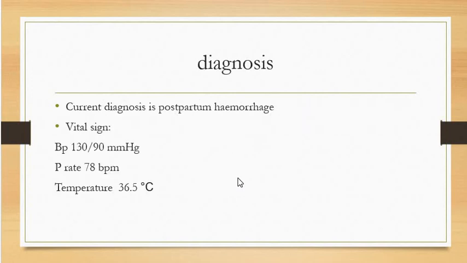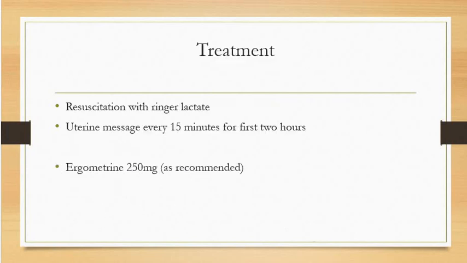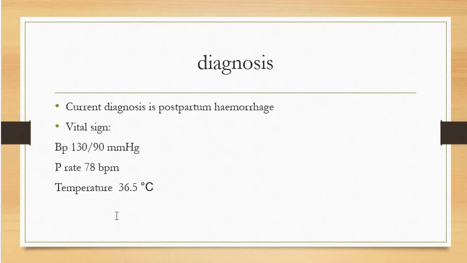So what is the diagnosis? The current diagnosis is postpartum hemorrhage. If we see the vital signs, her BP was 130 by 90, so it's okay. Pulse rate is 78, that is also okay. Temperature is okay. Treatment: after seeing the patient, we diagnosed postpartum hemorrhage and studied the vital signs.